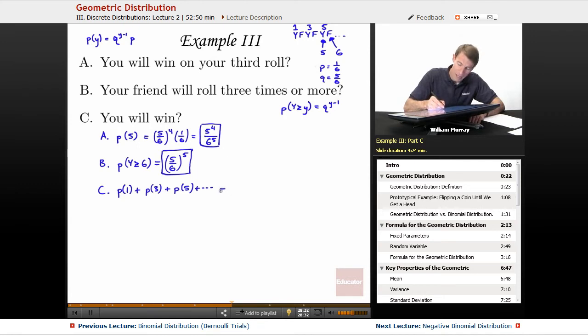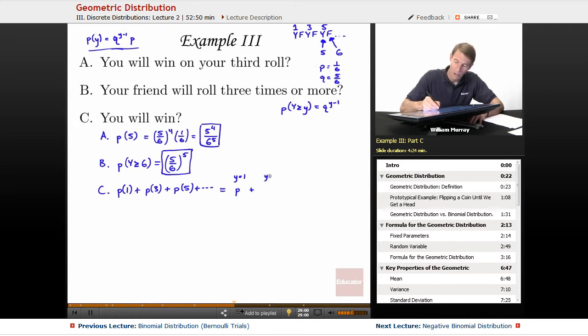So let me fill that in. For each one of those, I'm going to use my geometric distribution formula, q to the y minus 1 times p. And I'm just going to leave it in terms of p and q for now, and then I'll fill in what p and q are in a moment. So q to the y minus 1 p, when y is equal to 1, that's just q to the 0 p, so that's p.